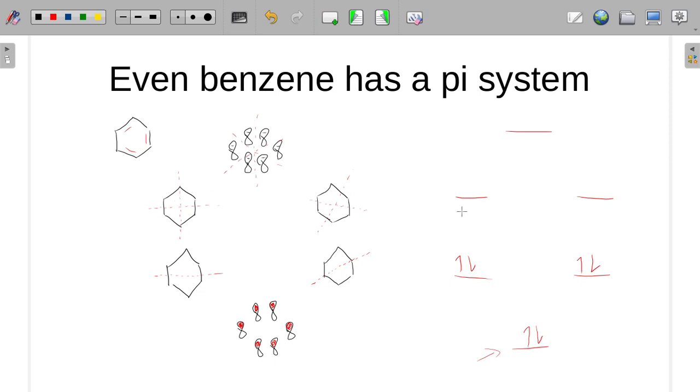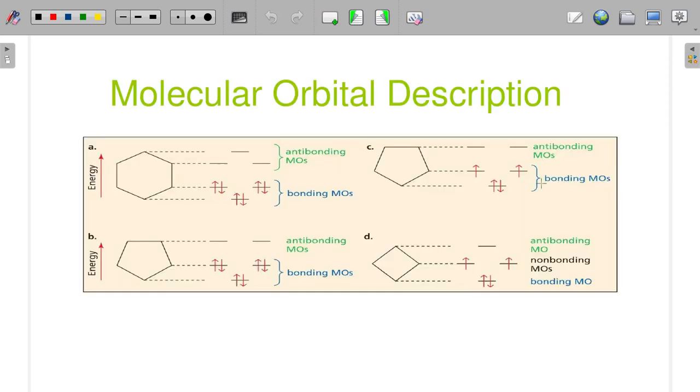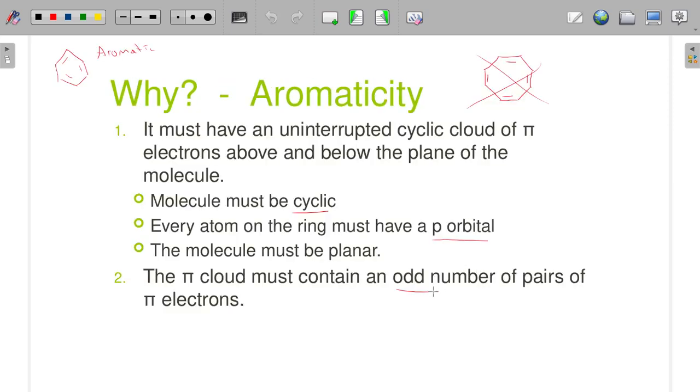So these are always duplicated. So you're always going to end up with an odd number if you fill up an entire set of orbitals, because you got one pair and then two pairs. That would be an odd number. Another two pairs would still be an odd number. So as long as you have an odd number of pairs, you're going to be aromatic.